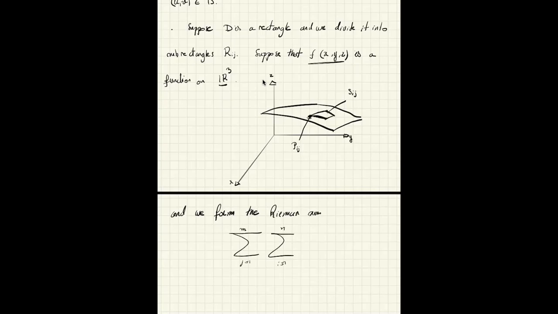You take the function f and evaluate it at the point Pij star, and you multiply by the area, delta. I'm using a bit of notation, so be careful, before I used A for area.